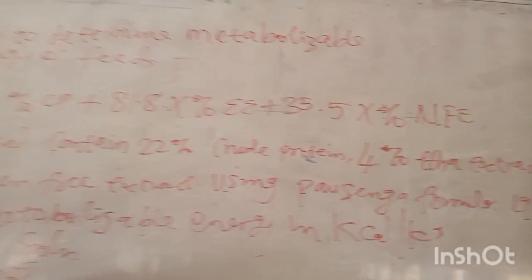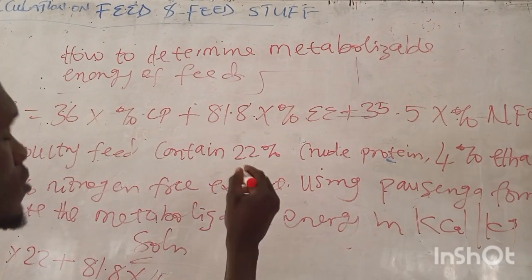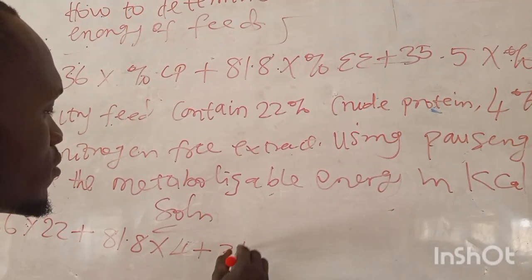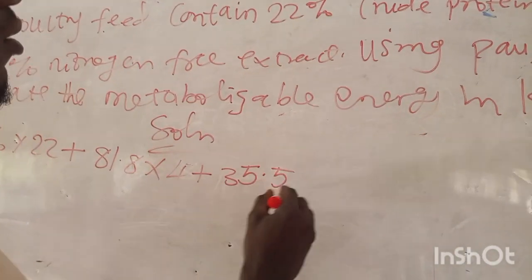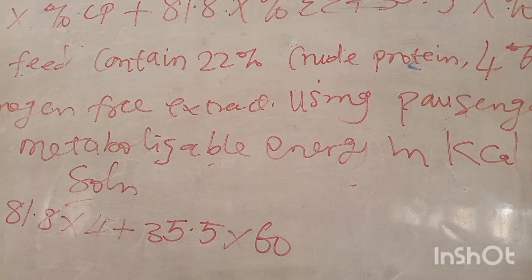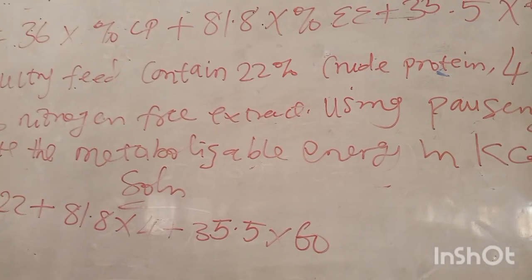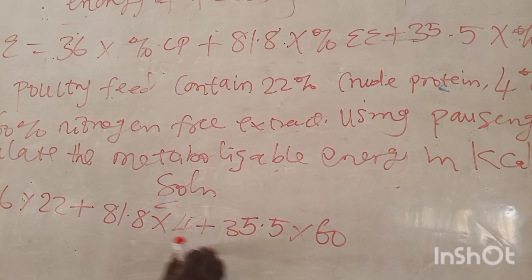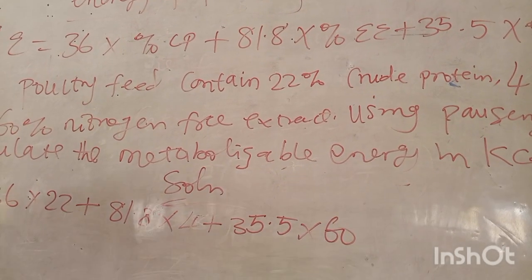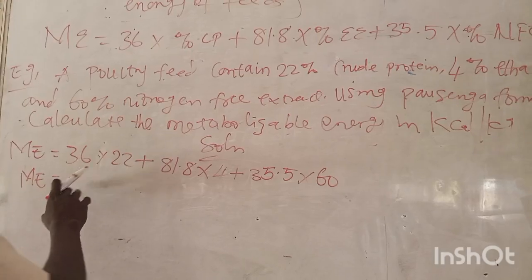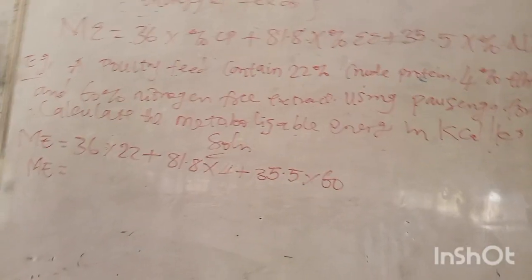Our ether extract is 4%, plus 35.5 times NFE, which is 60. Good. Now, if you look at this very well, you can see that all the values given are completed here. So ME is equal to, just multiply everything together and see the value you have.